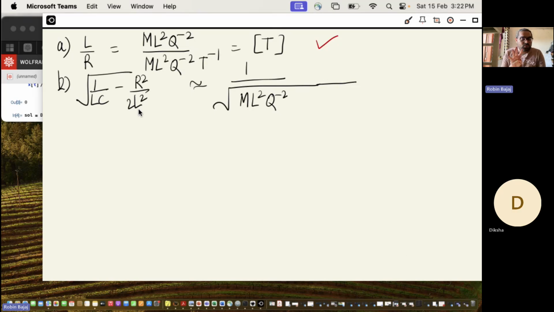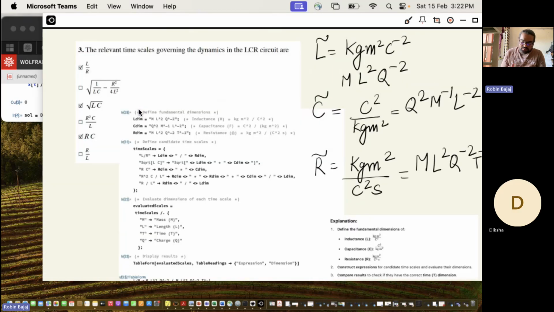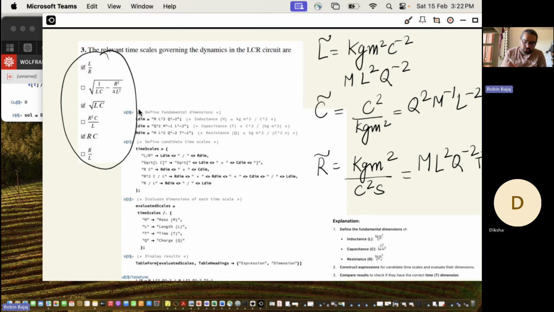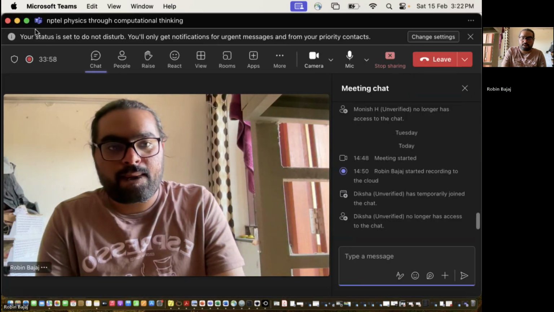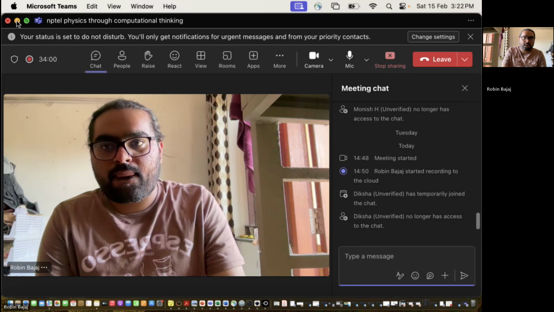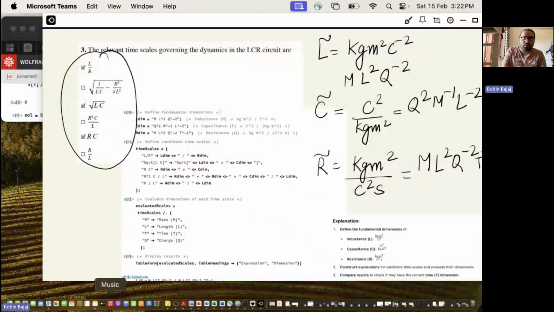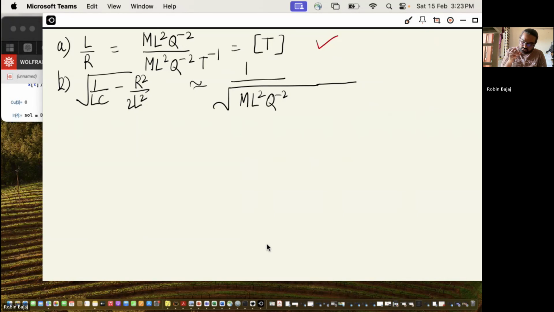All two pairs from these will give you different time scales. That's what this problem is about. You have to identify which of them involve the time scale in the problem.